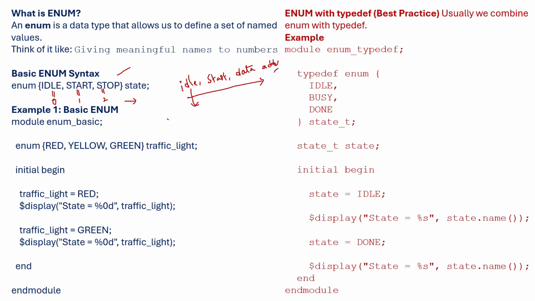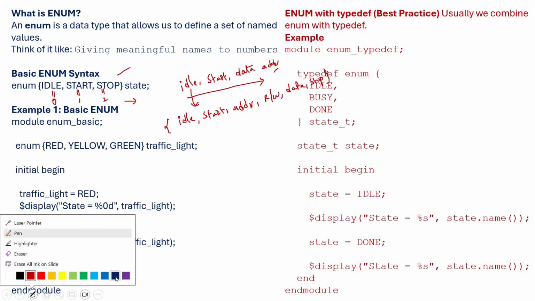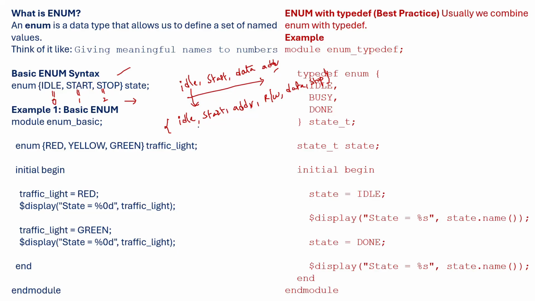Suppose the user defines values only for some conditions: idle and start condition, then address, then read or write operation, then data, and then the stop condition. The user gives only some values, and then the next values after the previous ones will increment automatically. See here, idle equals 0, start should be 1, address equals 3, and stop I'm assigning 9.